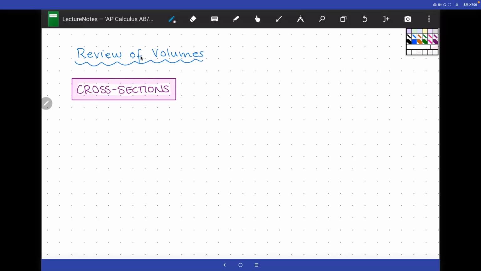All right. So, does anybody know, before I put any kind of example up here, how do you know when to use volume by cross sections? Nate? No. This one is almost too easy.